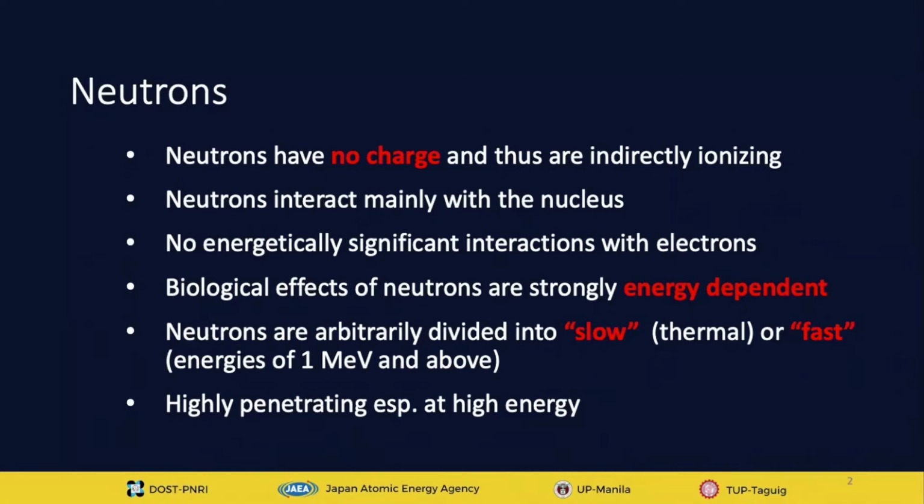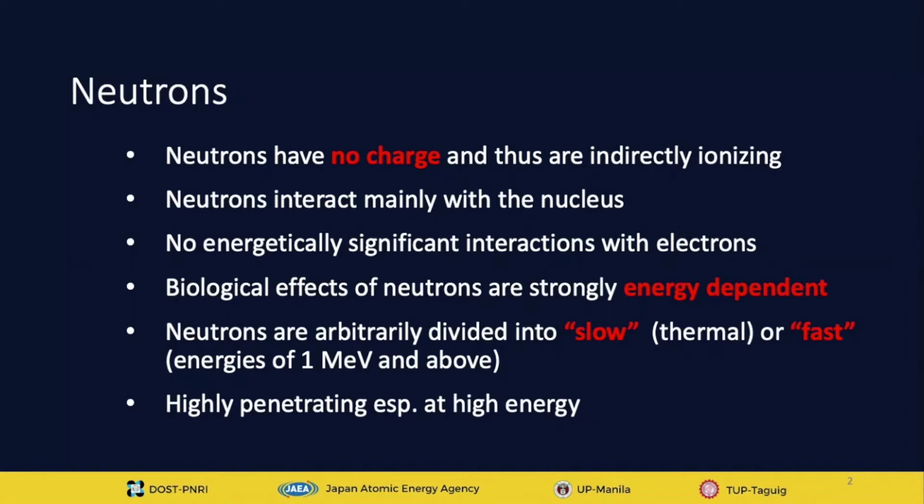So we can divide them into slow neutrons, which we call thermal neutrons, or fast neutrons, especially if they have energies above or equal to 1 mega electron volt.